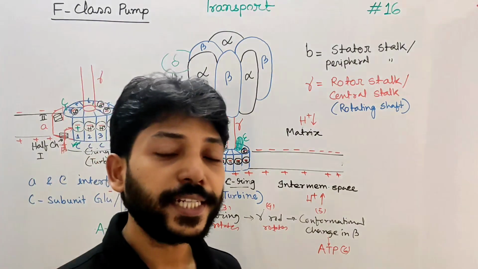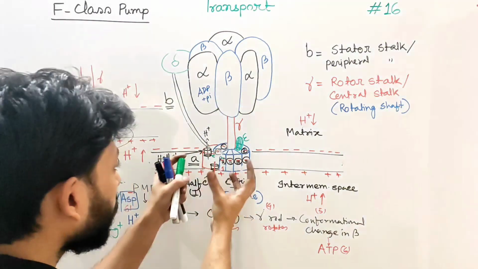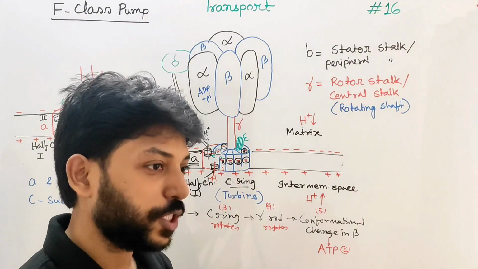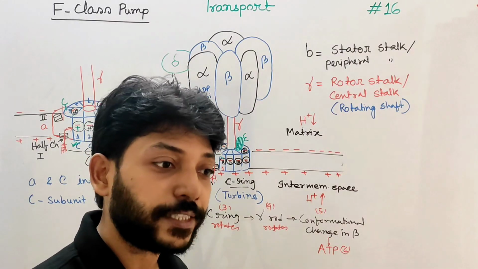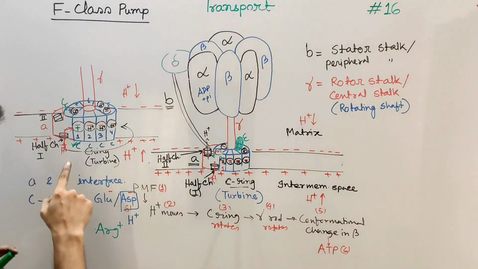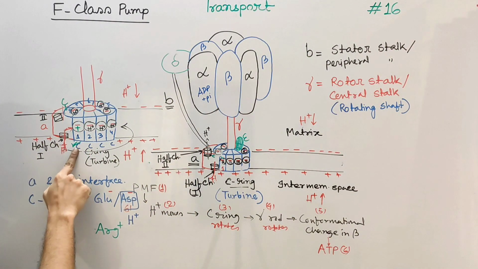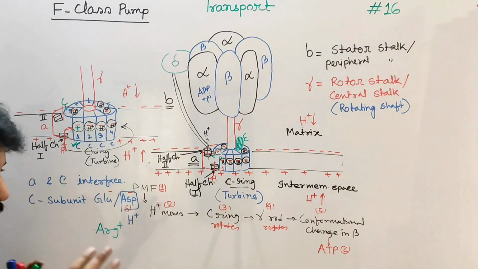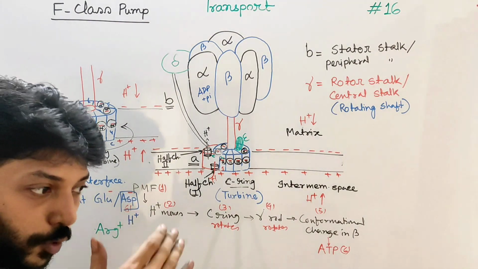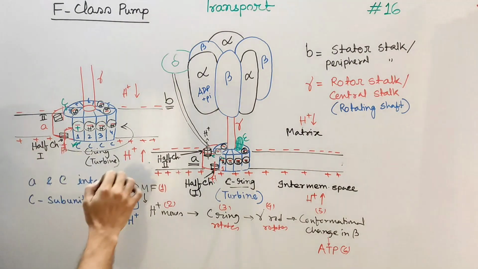I am mentioning the number, but in the real structure there is no number, there is no C1, C8. We are denoting the numbers to understand it easily. Suppose the cycle starts here. It actually rotates.